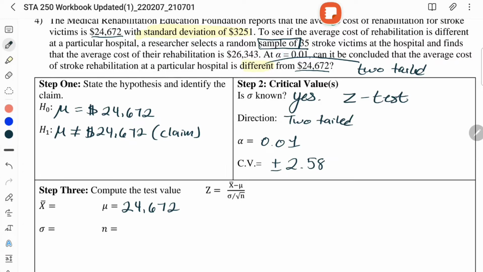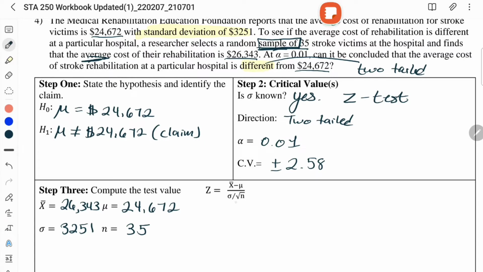We have a sample of 35 stroke victims, so N is 35. The population standard deviation is 3,251. And remember, X bar is the sample mean. From the sample of 35 stroke victims, the average was $26,343. That is the sample average. You guys have to know your symbols as well and what they mean.